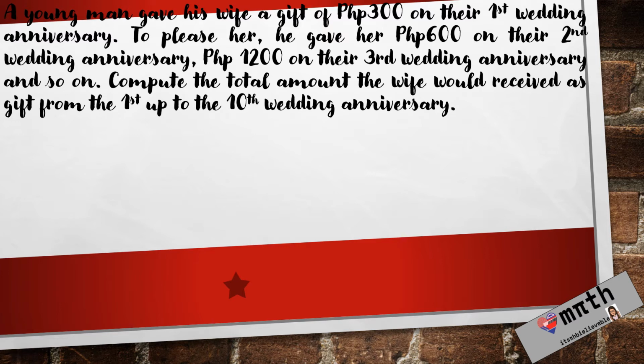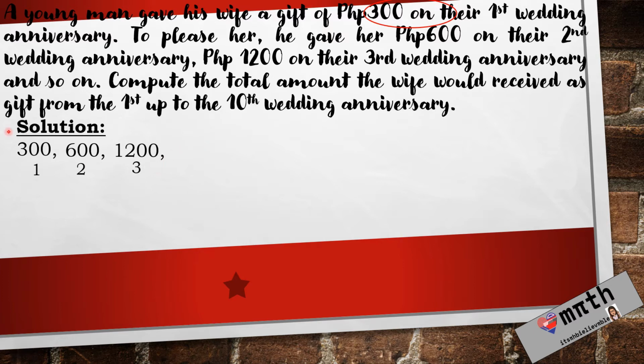So from here, as we can see, on the first year, the man gave his wife an amount of 300 pesos. On the second year, he gave her 600 pesos. On the third year, he gave her 1,200 pesos.